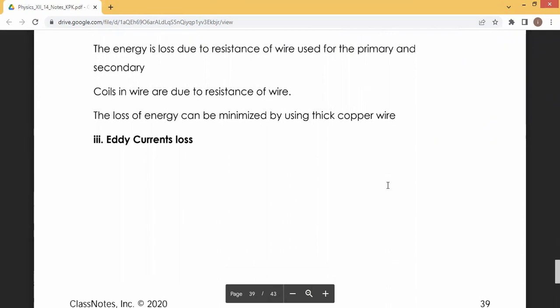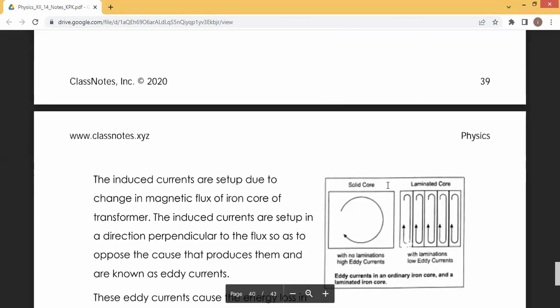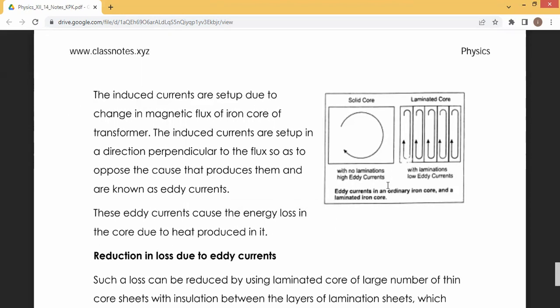Third is eddy current loss. The induced currents are set up due to change in magnetic flux in the iron core of the transformer. The induced EMFs are set up in a direction perpendicular to the flux so as to oppose the cause that produces them, and are called eddy currents.